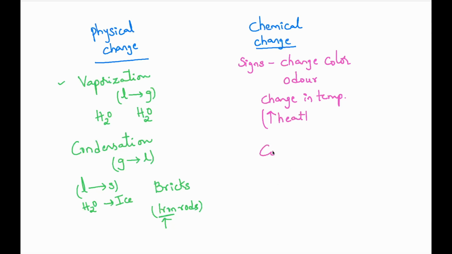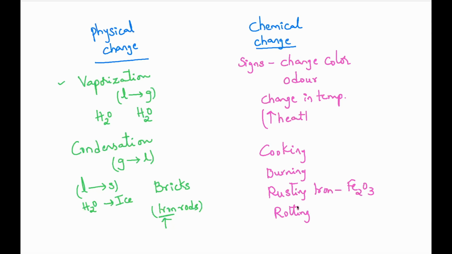Okay, so cooking, burning, rusting. As we all know, iron will rust to form iron oxide. So there is a change in the color. Rusting of iron and even rotting are all examples of a chemical change.